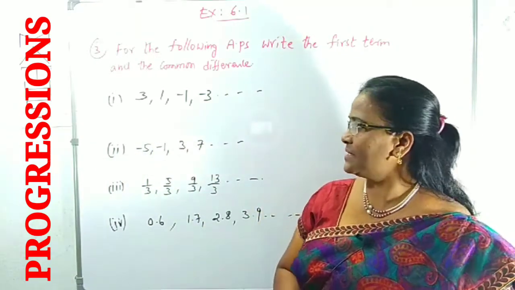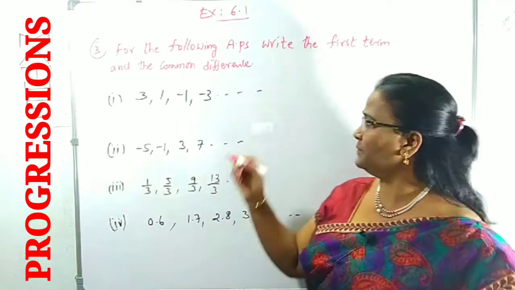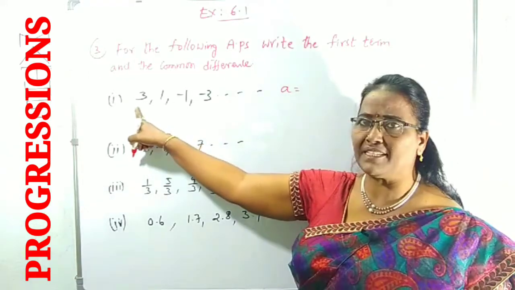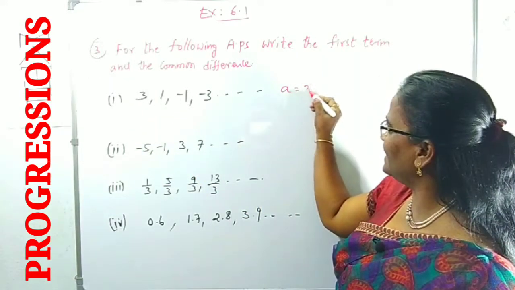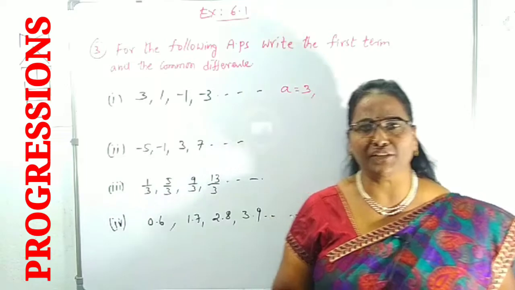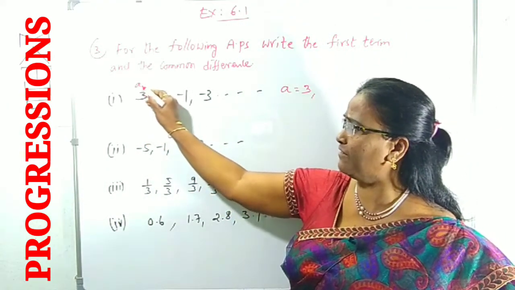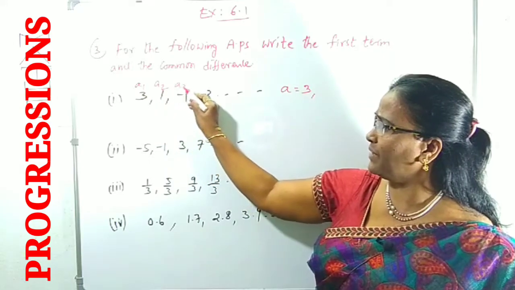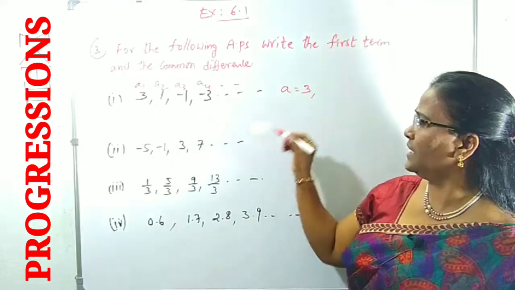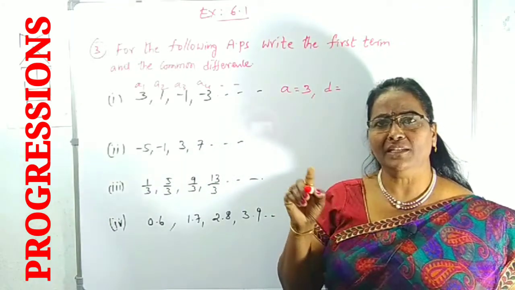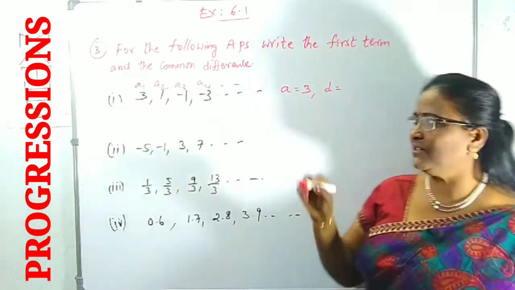So what is bit number 1? What is the first term available here? 3, right? So how can you find the common difference? Suppose here A1, A2, A3, A4, and so on. We can find D by subtracting A1 from A2, one pair is enough.